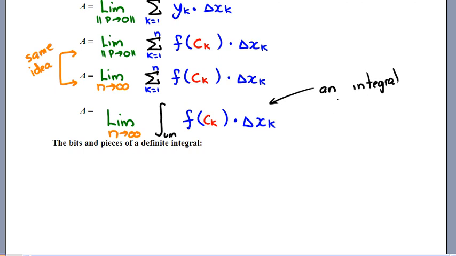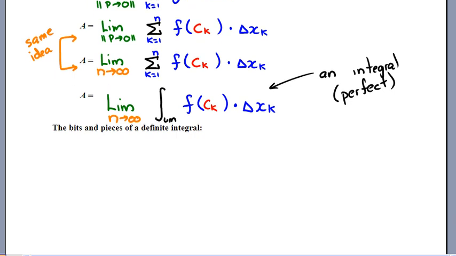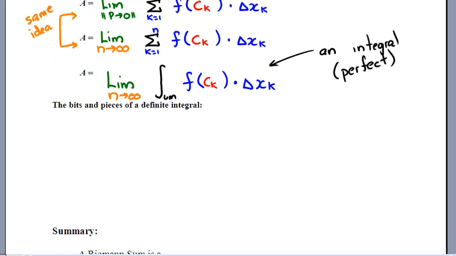When you see that, I want you to think, hey, it's perfect. It has an infinite number of fence posts, infinitely thin widths, and it's going to do a perfect job of finding out what that area is. Let's tear it apart for a minute. Okay, there are different bits and pieces to it. For starters, this big stretched S is there. It actually is the letter S that's been stretched out.